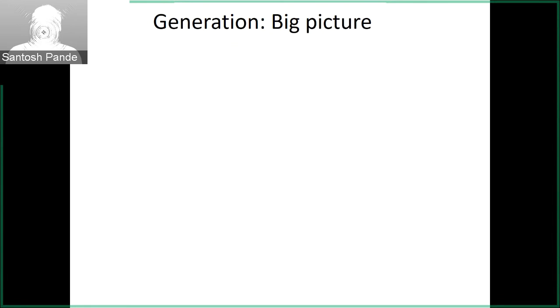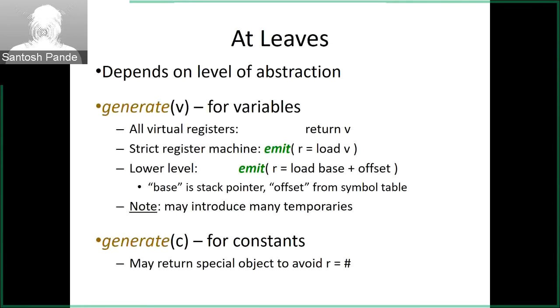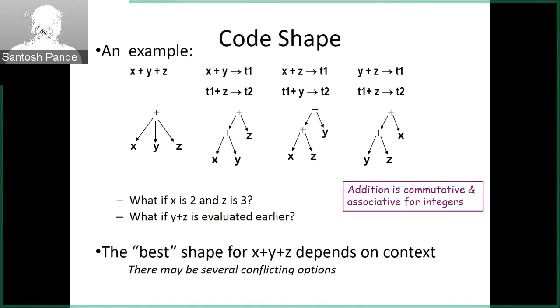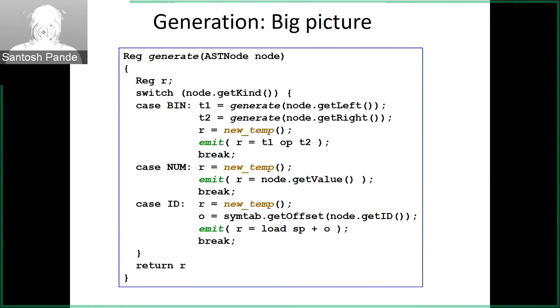So there is not much further to look at. We'll stop here. This is the generate function which operates at the AST node root level. Based on the type of AST node, it will call different types of functions, and it will get the right values, and it will keep going back and forth from the bottom up and generate the necessary code.